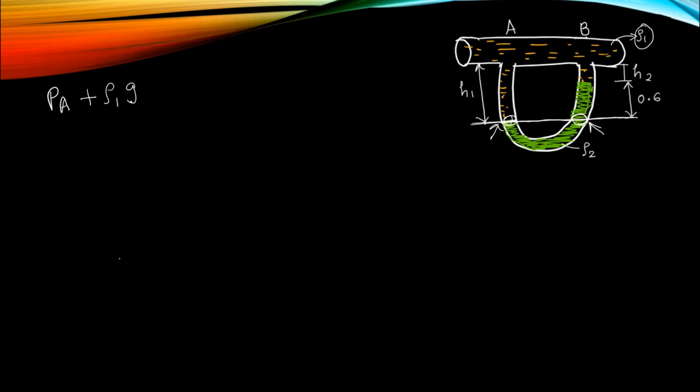So PA plus ρ1 g H1 is equal to PB plus ρ1 g into H2, where H2 is the height of oil in this right limb, plus, let us say ρ2 is the density of mercury, so ρ2 into g into the height of the mercury column, which is 0.6 meters, that is 60 centimeter, which was given in the question. So we have the equation.